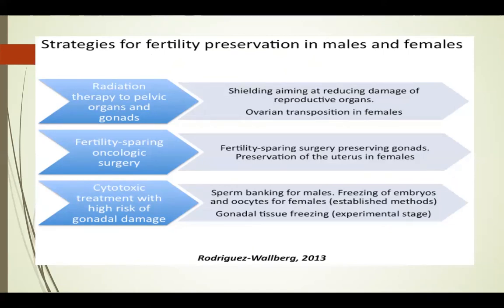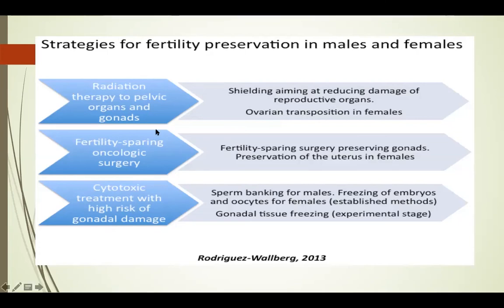Fertility-sparing oncology surgery, as we said: if we can go with only a unilateral salpingo-oophorectomy and avoid unnecessary hysterectomies, this is a very good approach. And if we are using chemotherapy or there is a very high risk of gonadal damage, freezing of embryos. Mainly we use it in adults, but freezing of oocytes and gonadal tissue freezing is an option.